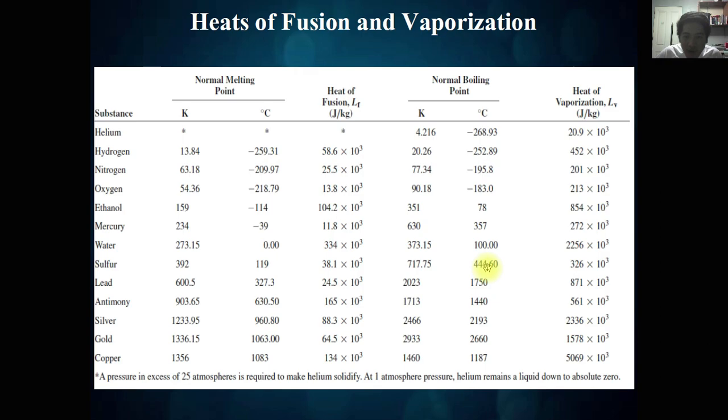And the latent heat of vaporization of water is 2256 times 10 raised to 3 joules per kilogram. That's very important. Constants for latent heat of vaporization and fusion, for hydrogen, oxygen, and others, are always given, except for water, because whoever gives the exam assumes that we know that constant. But if it is given, it's much better.